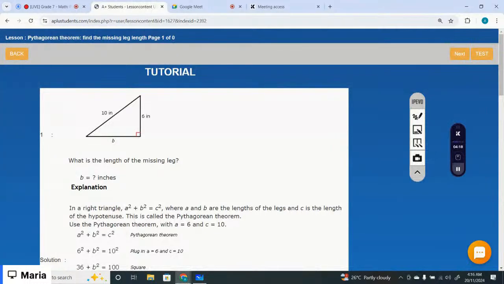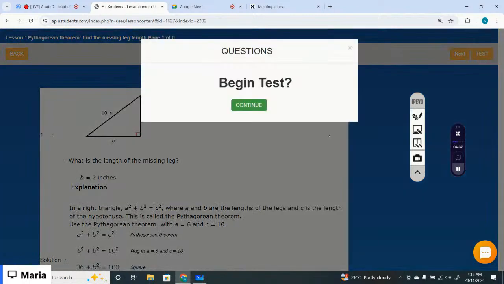What is the length of the missing leg? So let's see how do we calculate. You have to use the Pythagorean theorem. You have to calculate the length of the missing leg. Let's just start with the test questions.